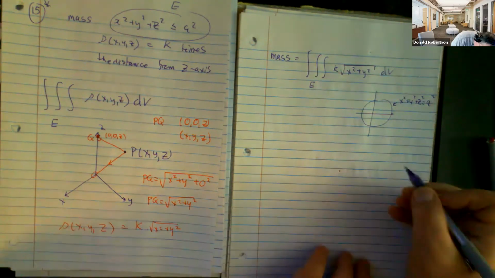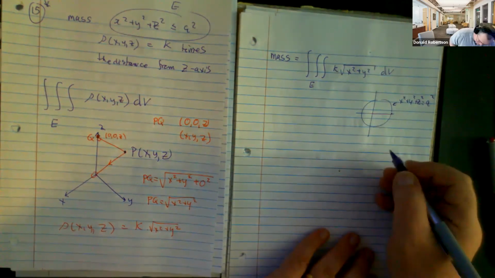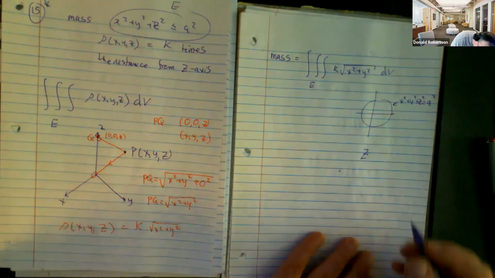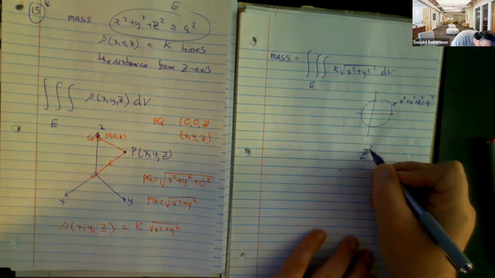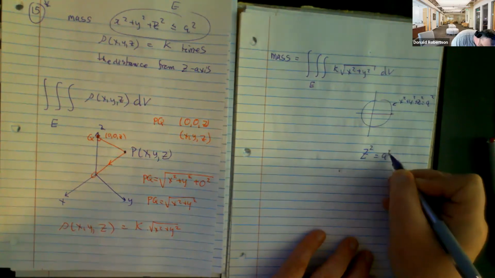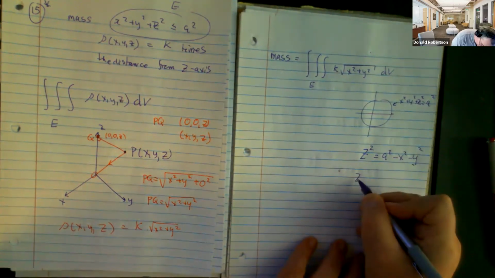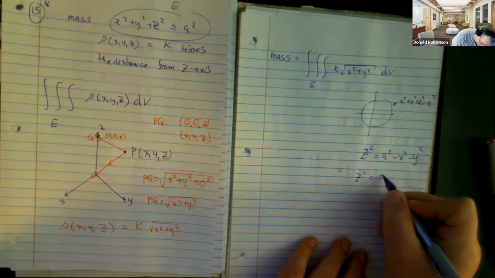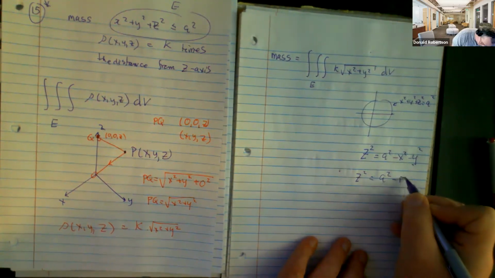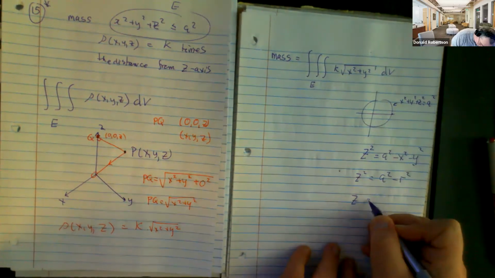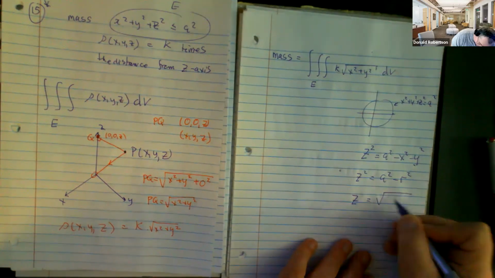And I am going to find z by subtracting x squared and y squared from both sides, and I'm going to call that a squared take away r squared.